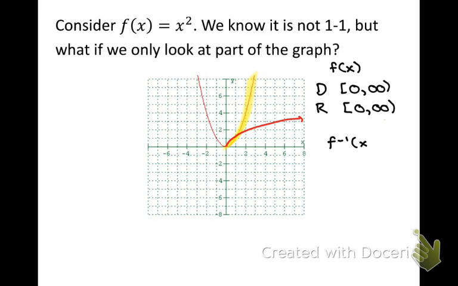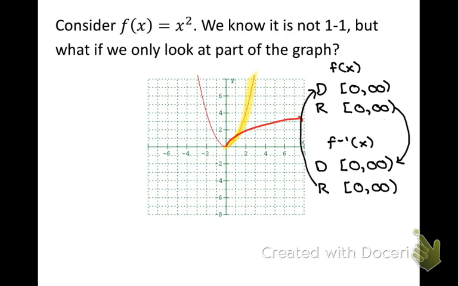This means that the domain of my inverse function, I know, is the range of my function. So this domain matches up with the previous range. And I know that my range is going to match up with my domain.